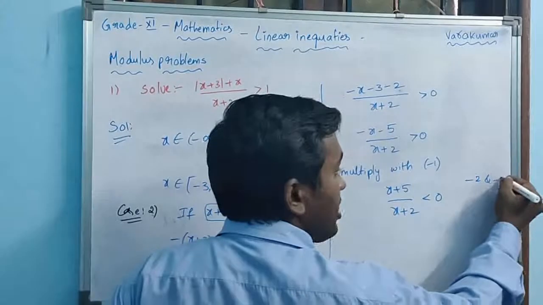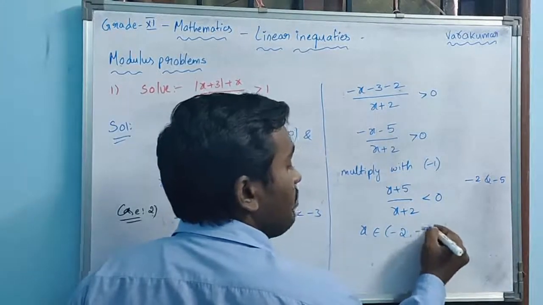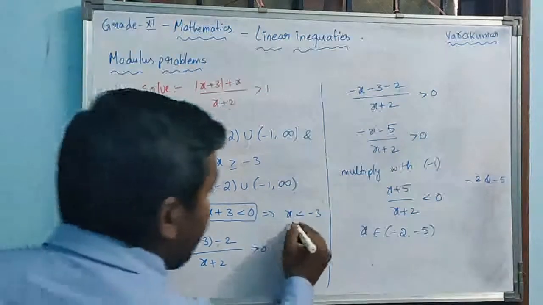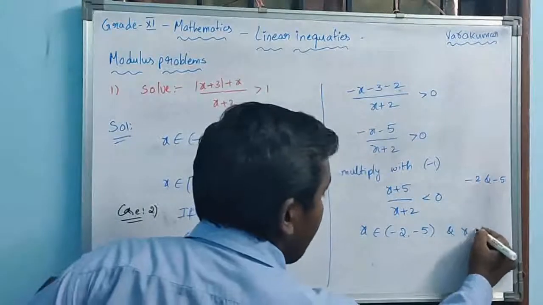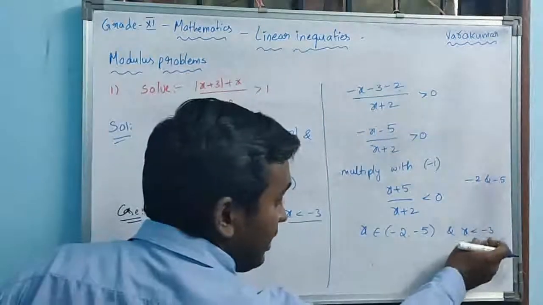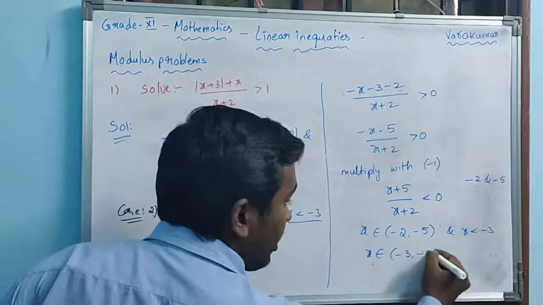The critical points are -2 and -5. So x belongs to (-5, -2). But we also have x less than -3, so combining them, x belongs to (-5, -3).